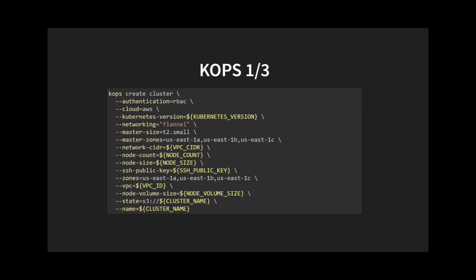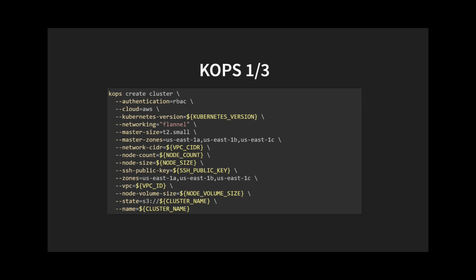We're specifying node count and node size. So if we're having a cluster that requires, let's say, high memory instances, we might use those. But if we're creating a cluster that we anticipate is going to be hosting CPU-intensive applications, we might choose some other instance type. And obviously, we're specifying the VPC ID as well and some other metadata for our cluster.